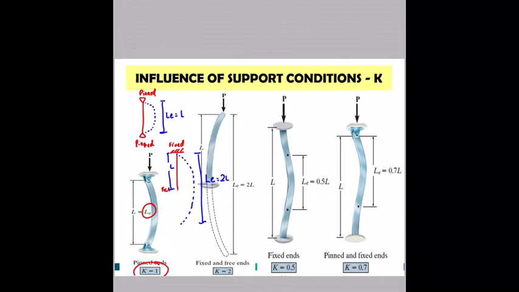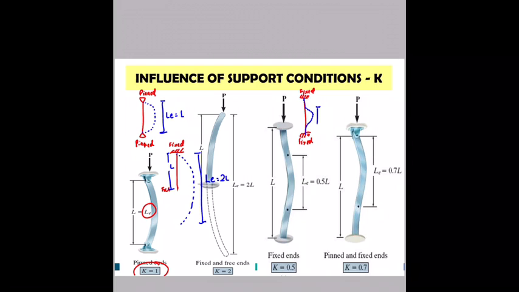The third one is the fixed connection. So for example, this is your column with fixed connection. Here your column will buckle at the fixed connection, it goes straight first, and then it will buckle in the middle, and as it goes near the fixed connection at the bottom, it will go straight.